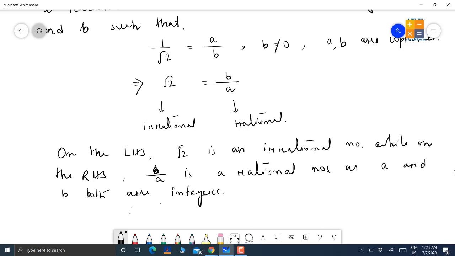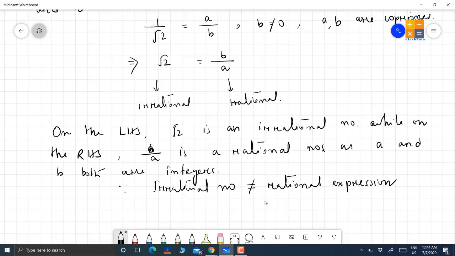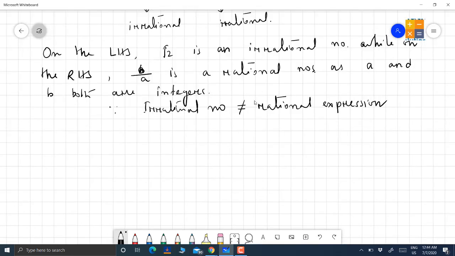Since irrational number, what can we write here? Irrational number is equal to rational number. It is never possible. Therefore, we must write here: irrational number is not equal to rational expression. Therefore, our assumption will be wrong. Whatever assumption we made here, we have to consider as wrong.